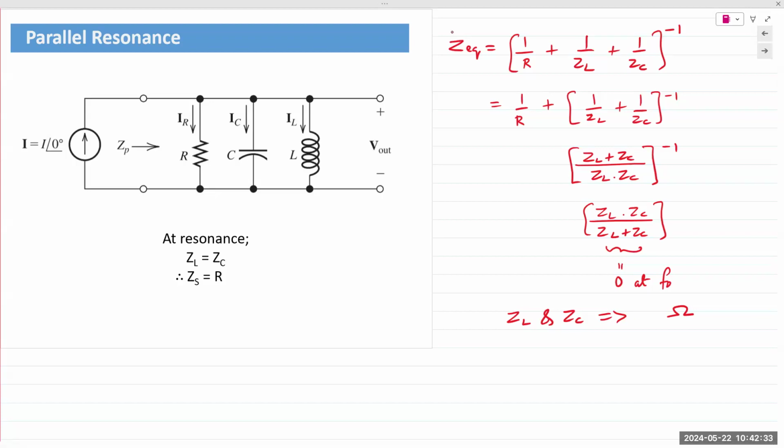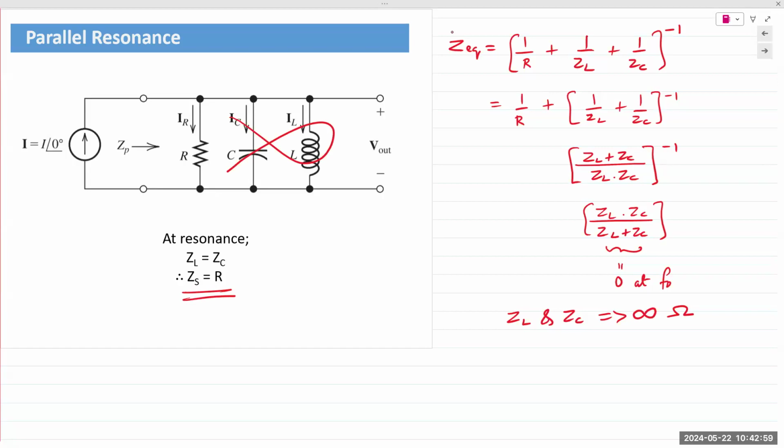Infinite impedance. Okay. And so effectively they cancel each other out. No current flows through the circuit. The only effective impedance left in there is the resistance R. Everything goes to the resistor.